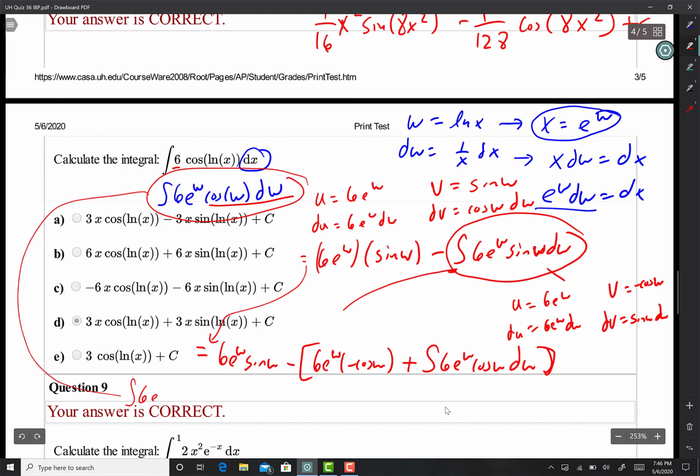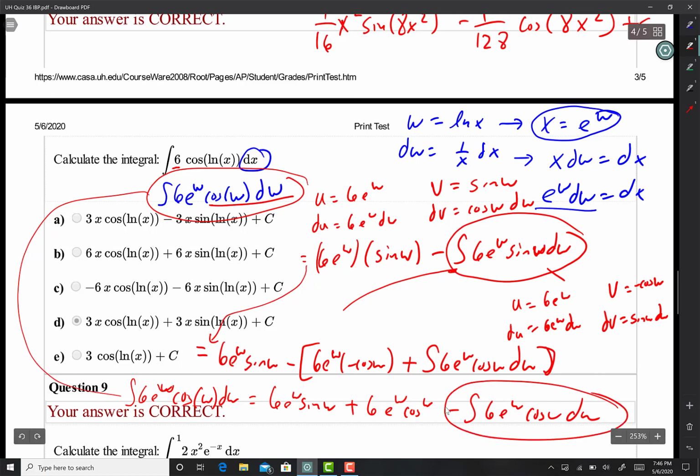Integral of 6e^w cosine w dw equals 6e^w sine w, plus 6e^w cosine w, minus integral 6e^w cosine w dw.